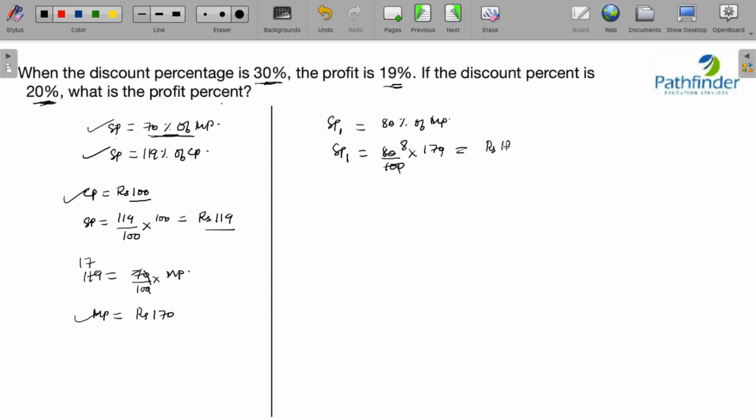Rupees 136 as the new selling price. And the new profit percent must be the new selling price minus cost price upon cost price, that is 100, into 100, which is 36%. So the new percentage of profit is 36%.